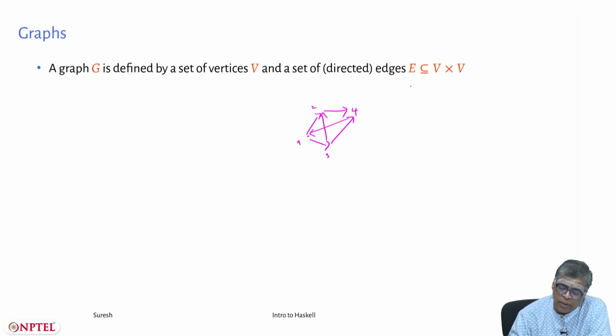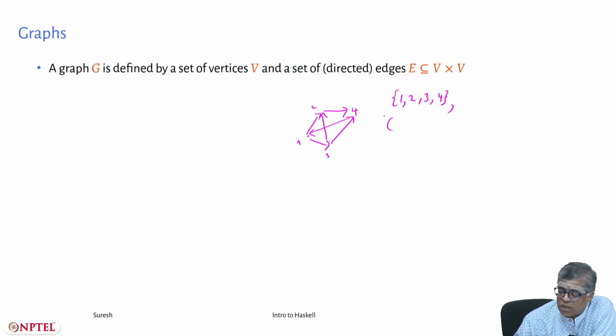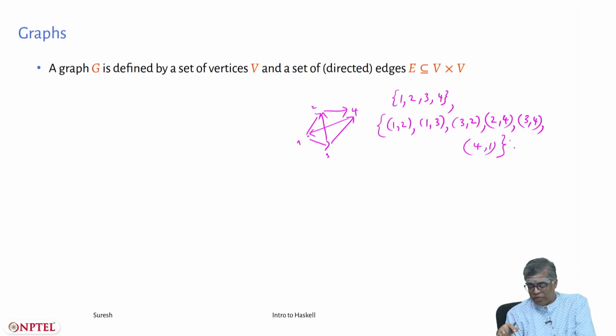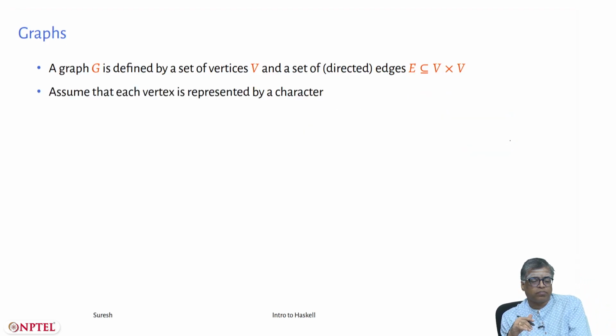So you would express this graph as two sets. The vertex set is 1, 2, 3, 4. The edge set is listed out. So a graph is given by two sets like this.